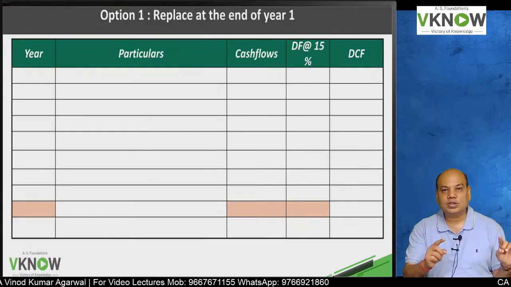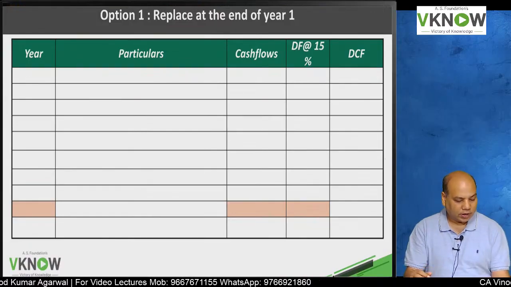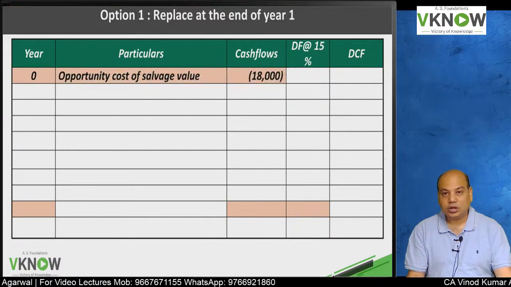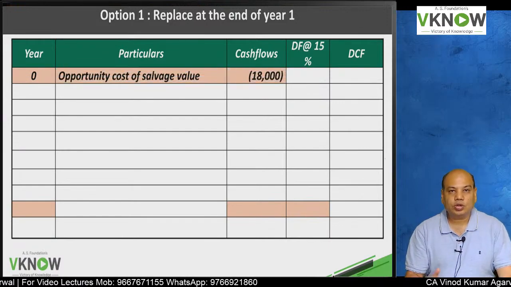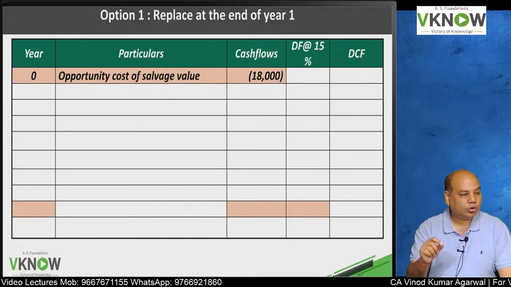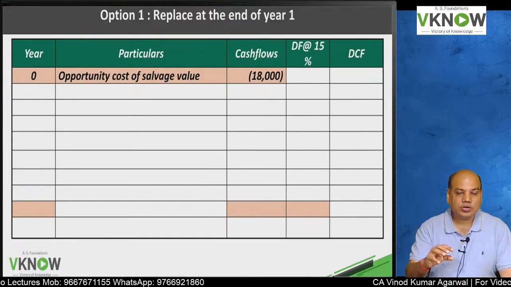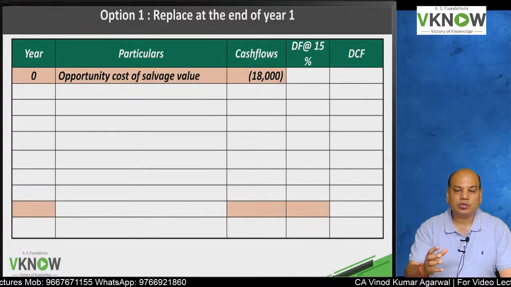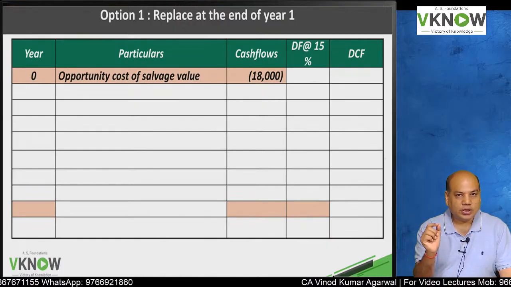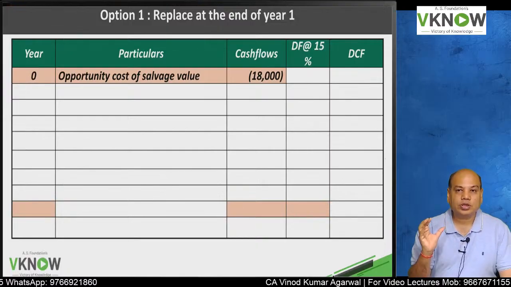So if I don't sell it now, I have an opportunity cost 18,000 rupees. Continuing with the old asset means not selling it now. Not selling it now means there is an opportunity value. There is a cost of that decision to use it for one more year. So 18,000 rupees will be treated as opportunity cost.